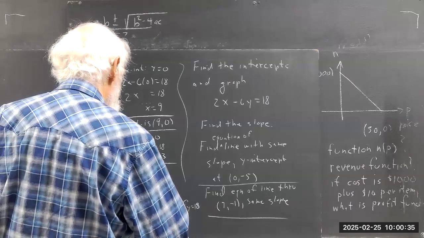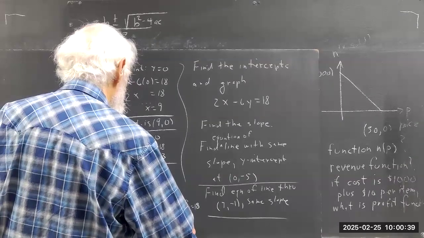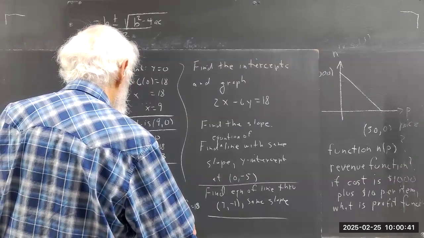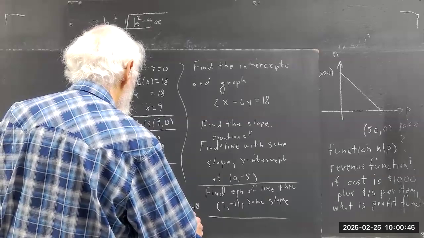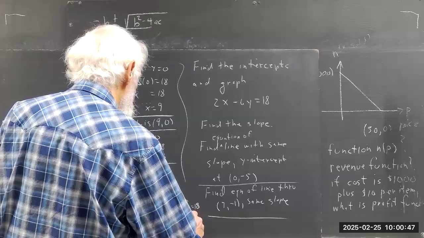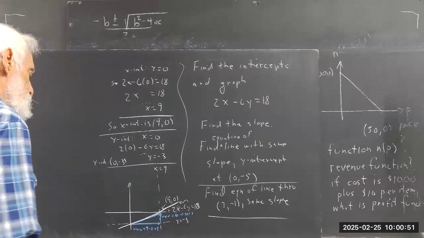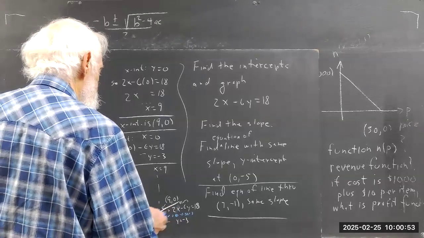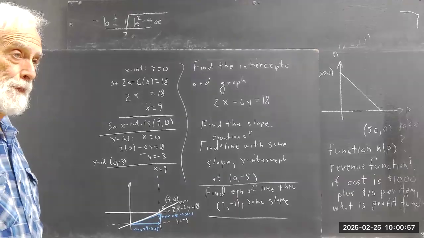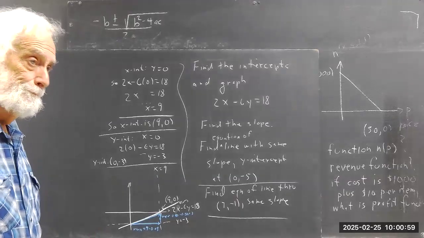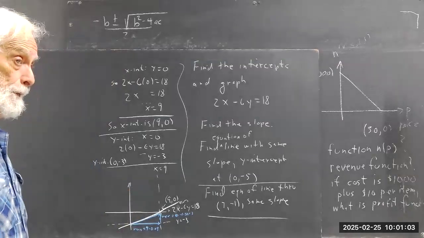And the rise is 0 minus -3, which is 3. And I prefer that all gets written in just to reinforce this so you don't forget it. Okay, it's really easy to forget this if you don't have a good picture.